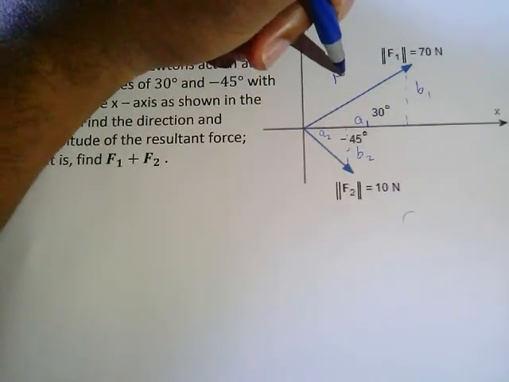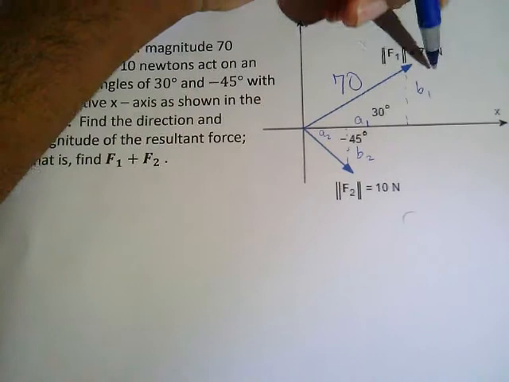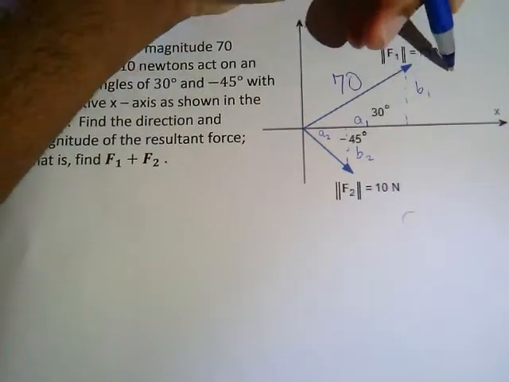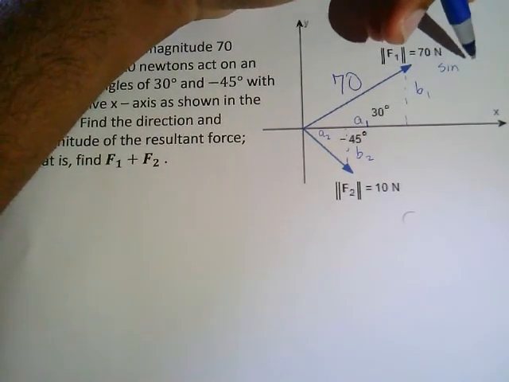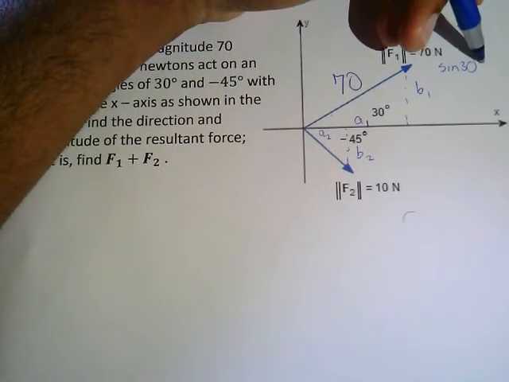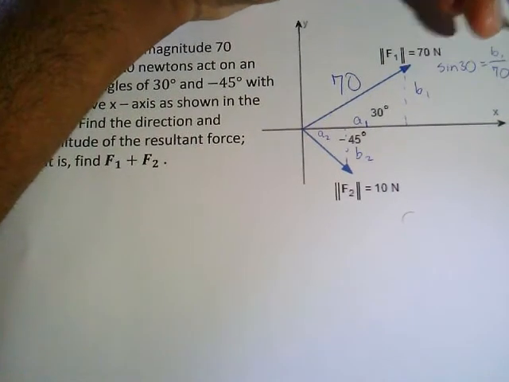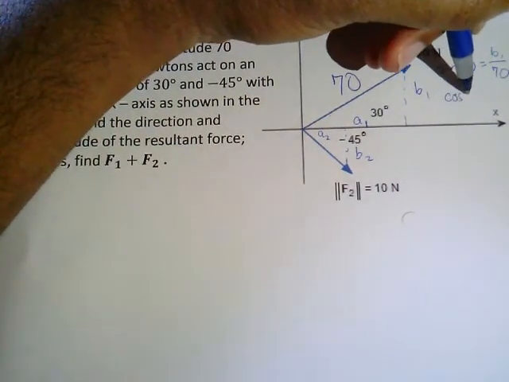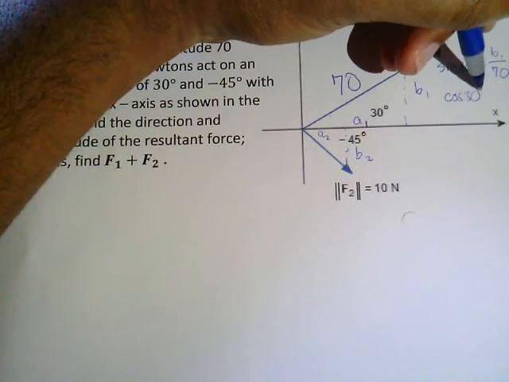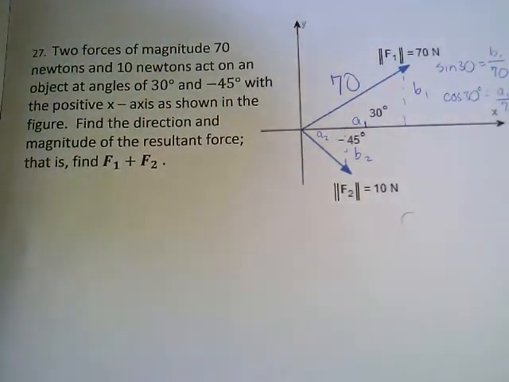So the magnitude here is 70. So we'll use sine and cosine to figure out B1 and A1. So sine of 30 degrees, our angle, is going to be B1 over 70. And then cosine of 30 degrees is going to be A1 over 70.